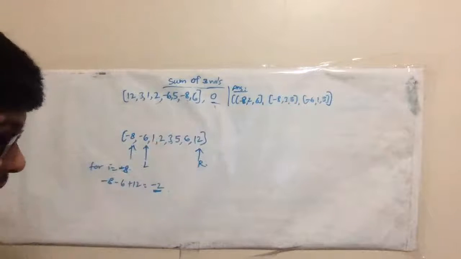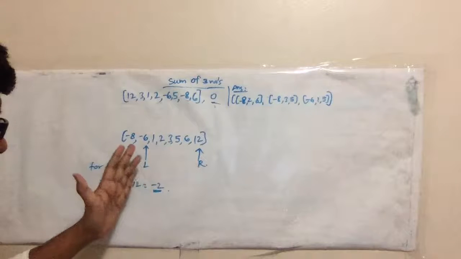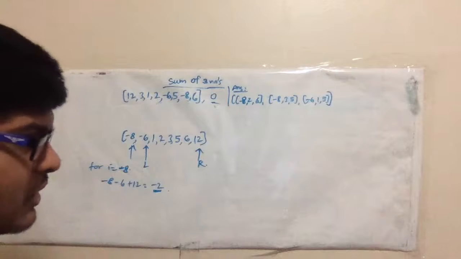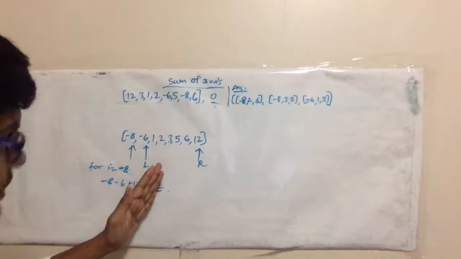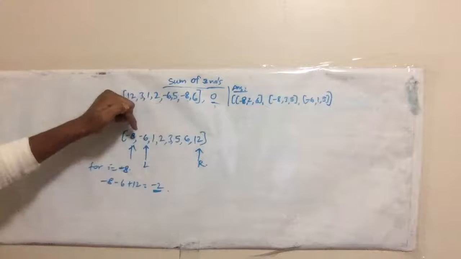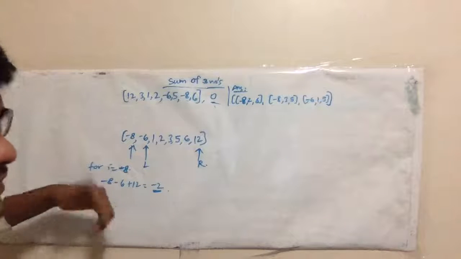So what does that mean? If you want to move the left or right pointer, which one do you move? If you move the left pointer to the right, then as this is in ascending order, the sum will definitely increase, and that's what we want.